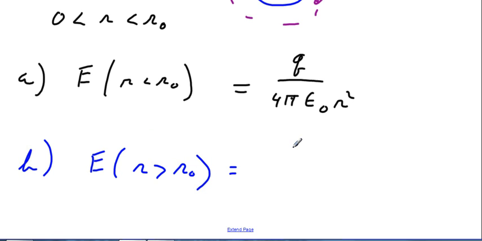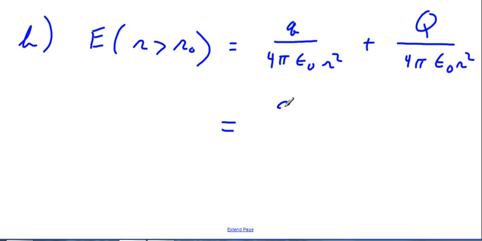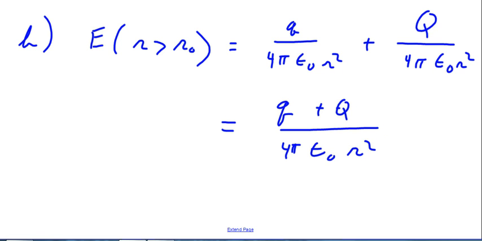Well, in that case, I would have the little q again over 4 pi epsilon naught r squared, but I'd also have the capital Q guy divided by 4 pi epsilon naught r squared. And I could probably do something clever like add those together: q plus Q over 4 pi epsilon naught r squared. Okay, so that would be my B answer.